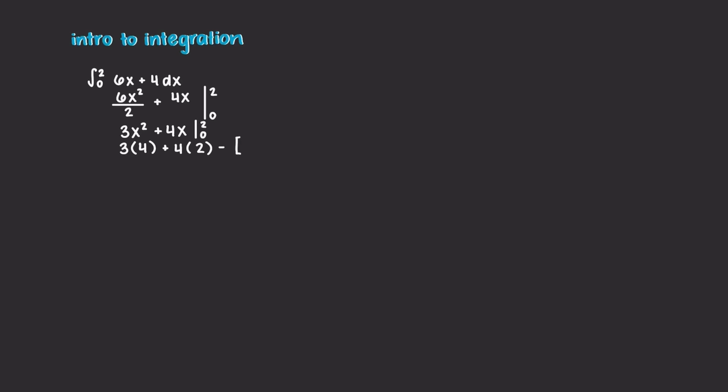So subtracted by 3 times 0 squared plus 4 times 0. If we simplify this out, this goes to 12, this goes to 8, and then this goes to 0, so minus 0, which is just equal to 20. So 20 is going to be the answer for the integral of this.